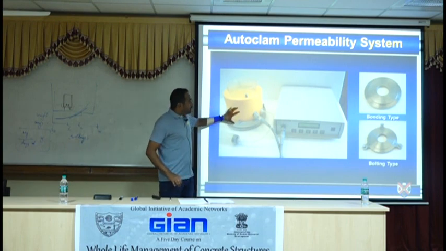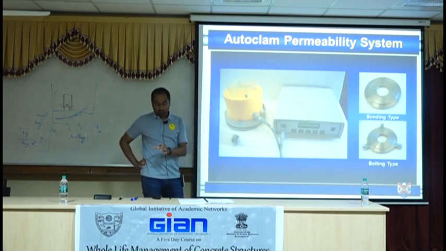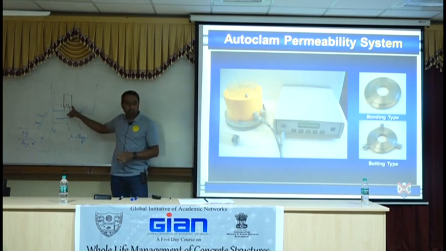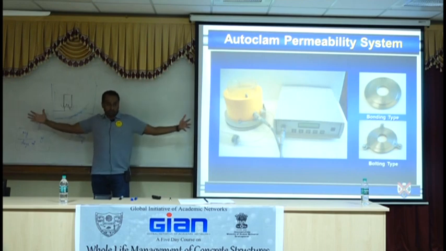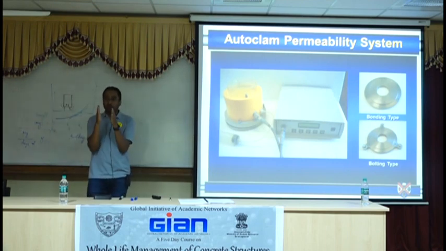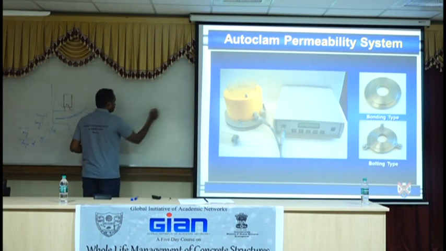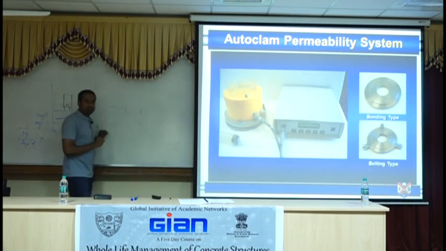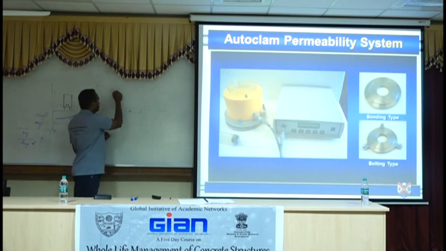From that, we then decided we will use a surface mount device. Same concept as here, but instead of having the water bath to be the mount, we limited the water bath to a very small region of the large concrete surface. So this is your water, and that's your concrete. Okay?